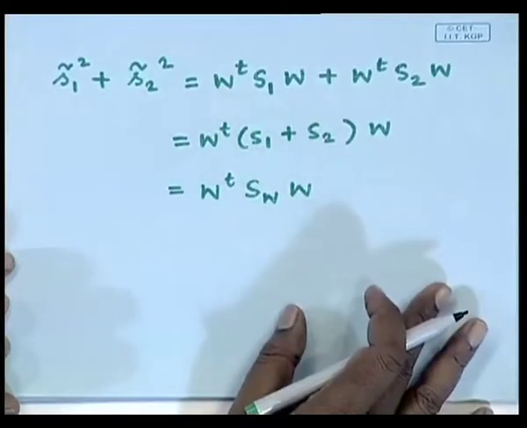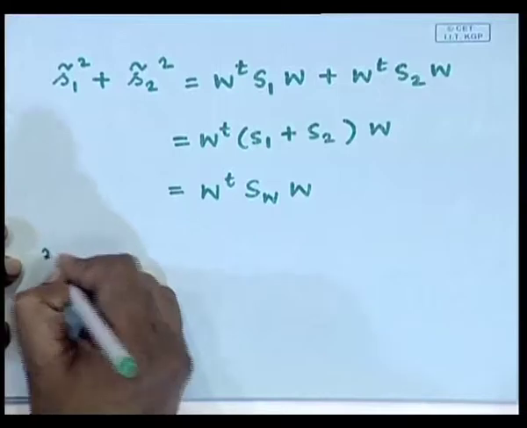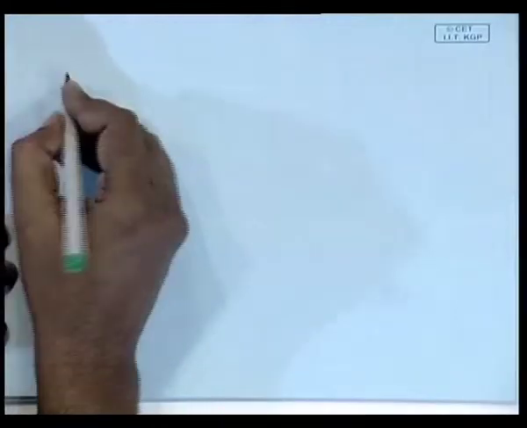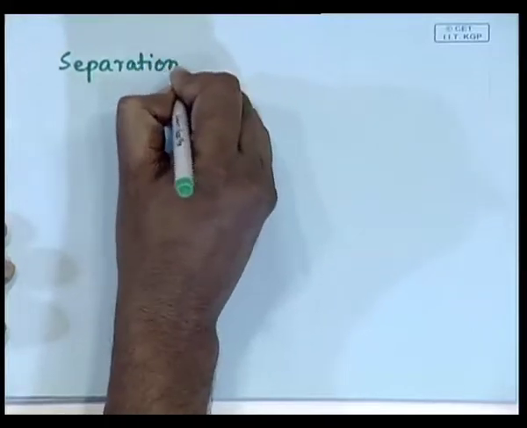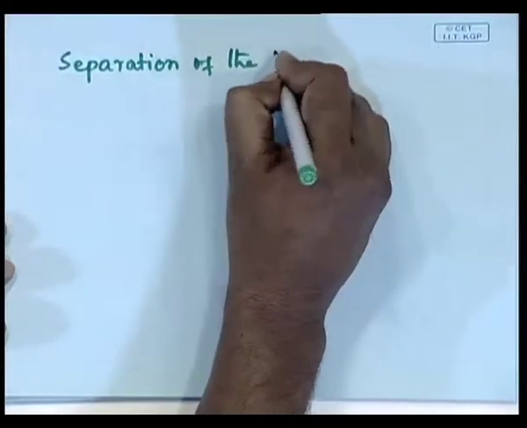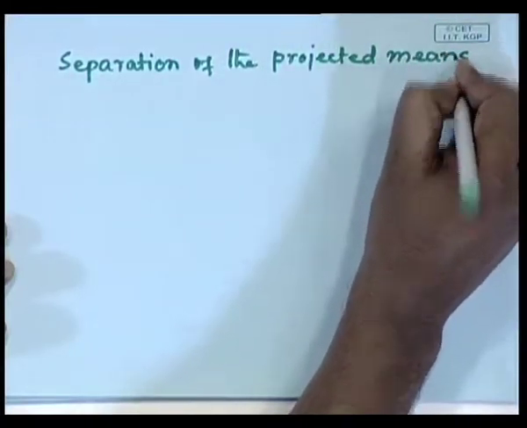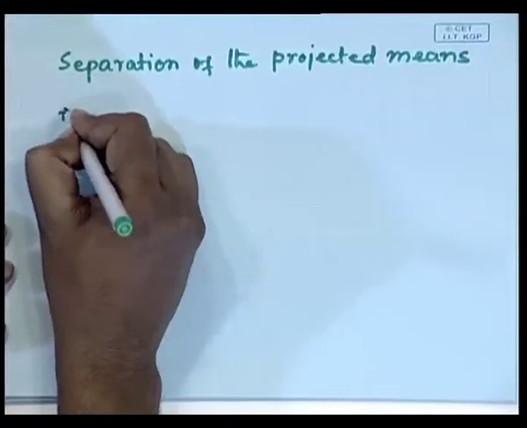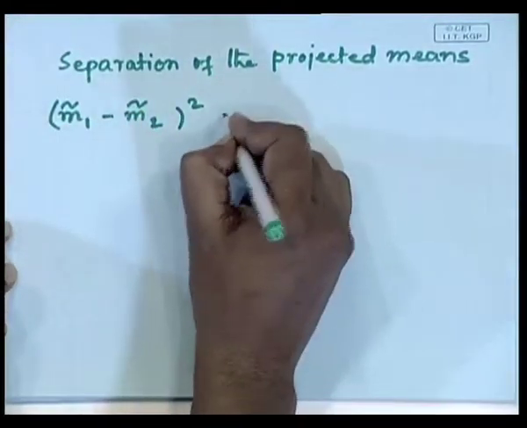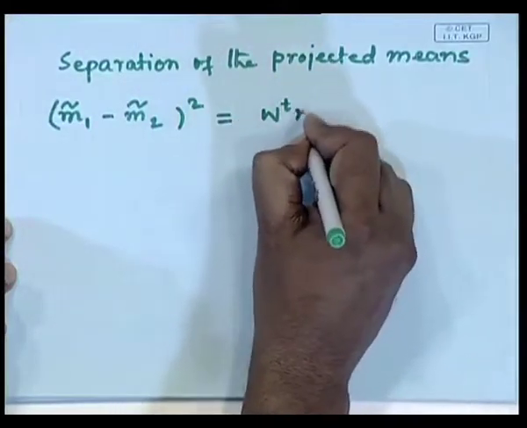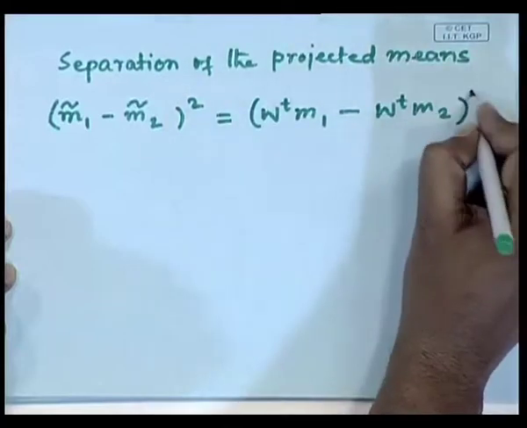So, in the same manner, let us compute the difference between the two means, or the separation of the projected means, which is m 1 tilde minus m 2 tilde, squared, where m 1 tilde is nothing but W transpose m 1, and m 2 tilde is nothing but W transpose m 2, squared.